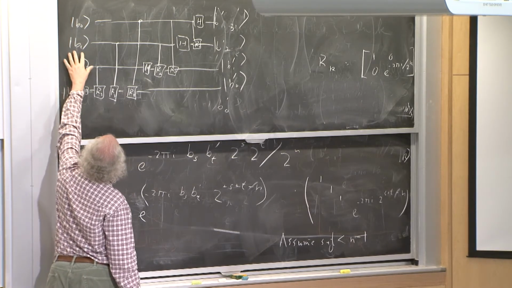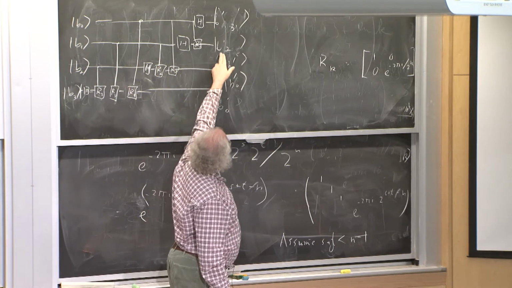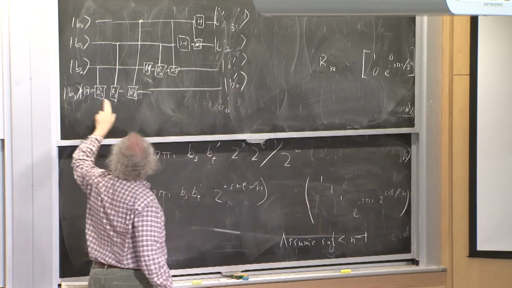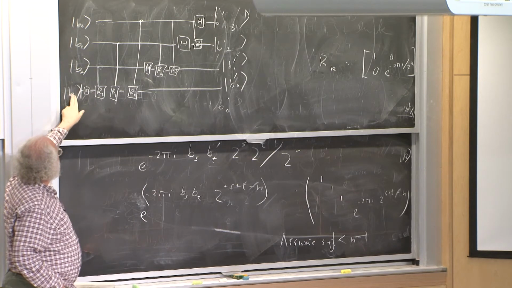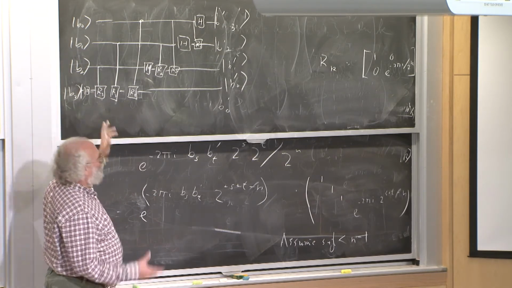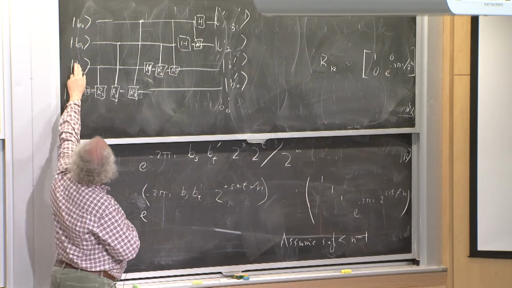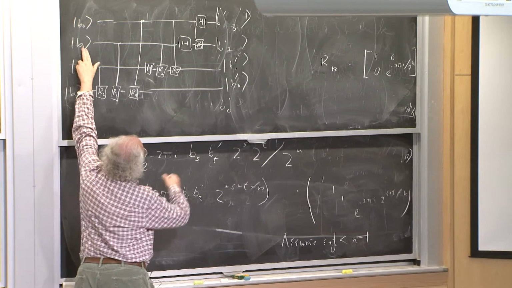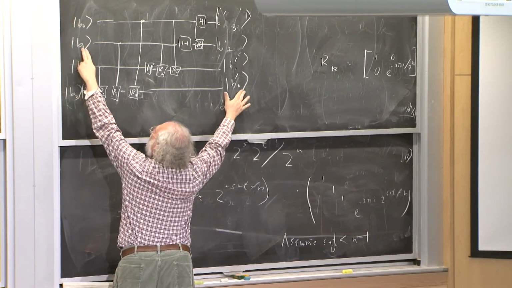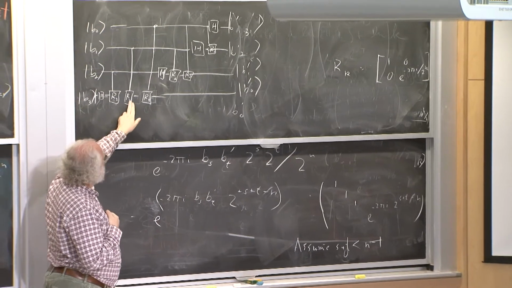And it's b1 because it's before this Hadamard gate that turns b1 into b2 prime, and it's b0 prime if it's after this Hadamard gate that turns b3 into b0 prime. So the gate you want depends on n minus 1 minus 0. And that's, in this case, 3.